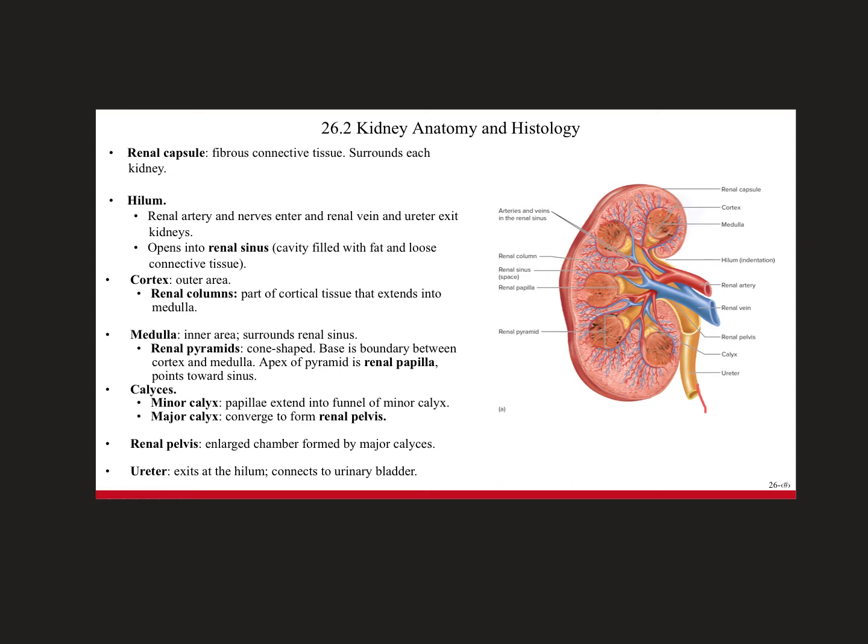So all of the blood vessels that come into or out of the kidney come in through the hilum, and the renal sinus is the big open space that's inside of there, and then you have the renal pelvis that empties out into the ureter as it comes out.